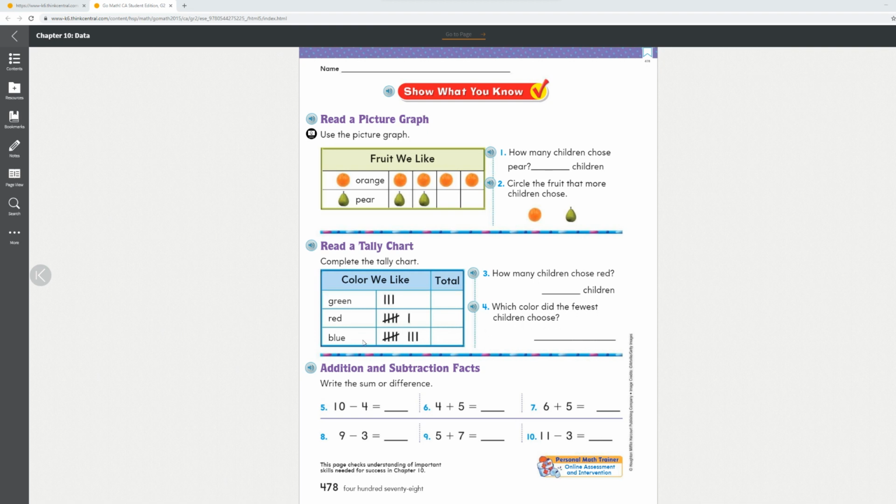Which of these 3 colors did the least amount of children choose? For numbers 5 through 10, addition and subtraction facts, write the sum or difference. Now remember, sum is plus and difference is minus. So do the math problems here for numbers 5 through 10. Go ahead and work on this page individually, and then we'll go back and go over the answers. Work on that now.